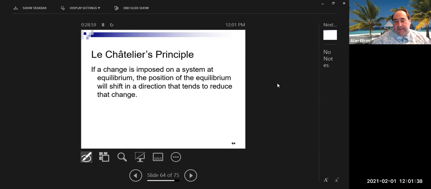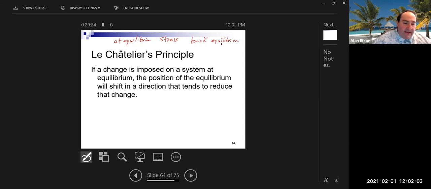So in this situation, you have a nice system at equilibrium. And again, what that means is it's going from reactants to products just as fast as going the other way. We add a stress to it, it messes up the equilibrium, and then it wants to once again get back to equilibrium. And there's kind of three ways to do that.